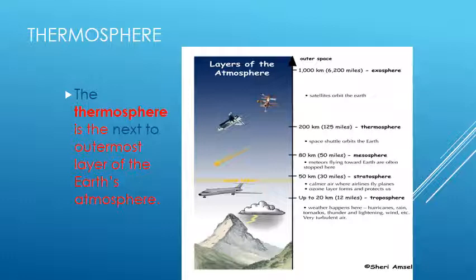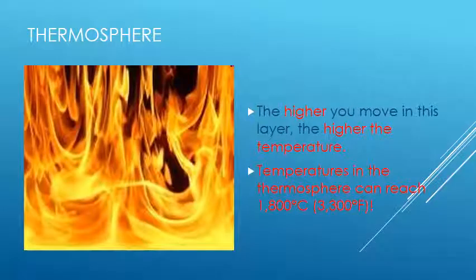And when you think of thermo, think thermometer. Think heat. In this layer, this is why it's called thermo. Hot, heat. The higher you go in the thermosphere, the temperature gets higher as well. So as altitude increases, temperature increases as well.